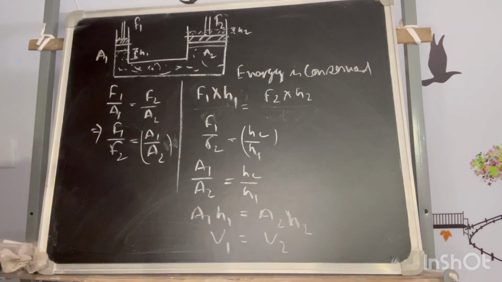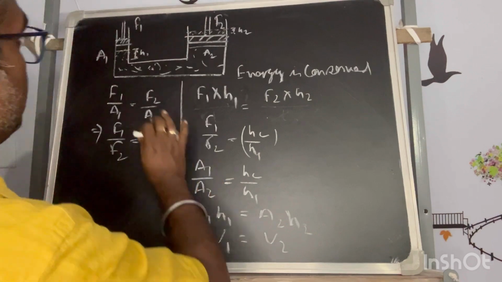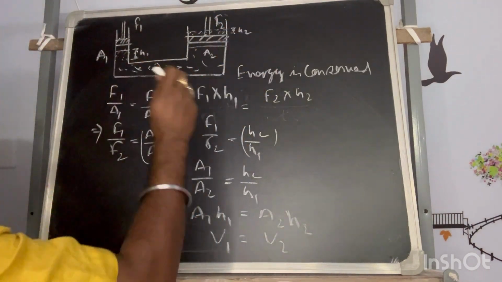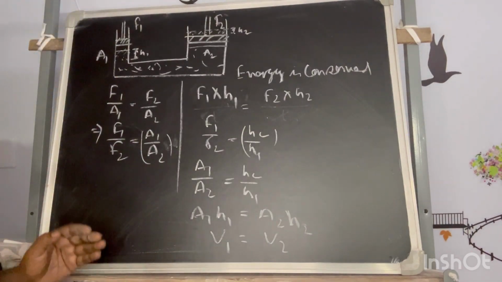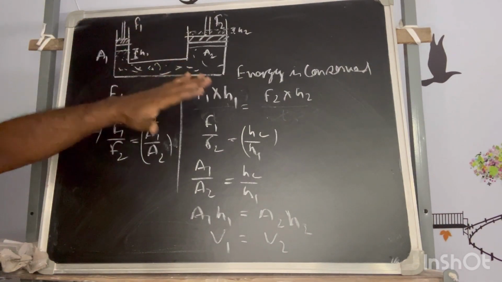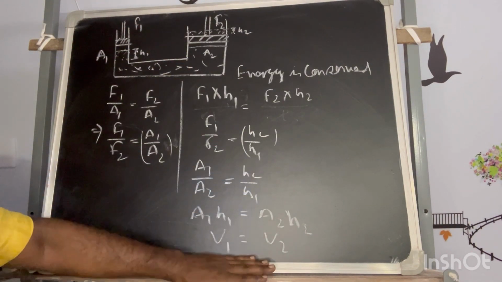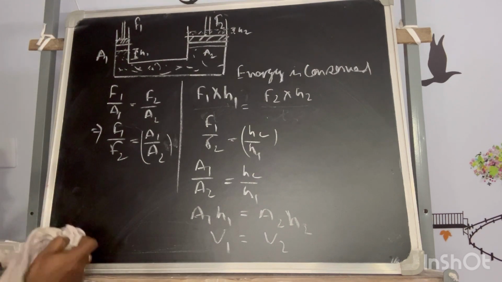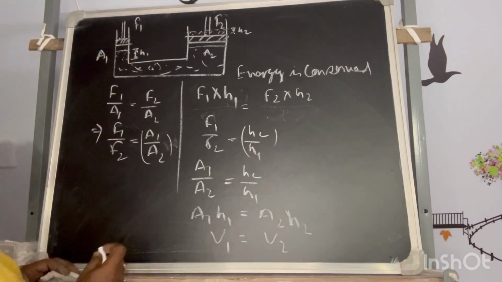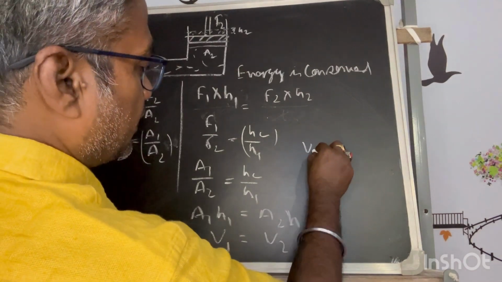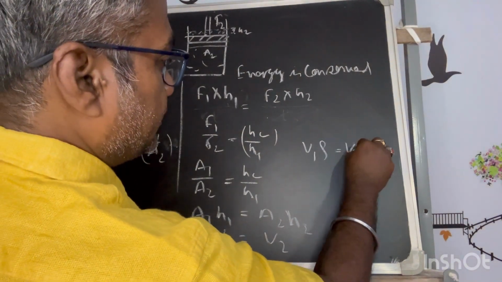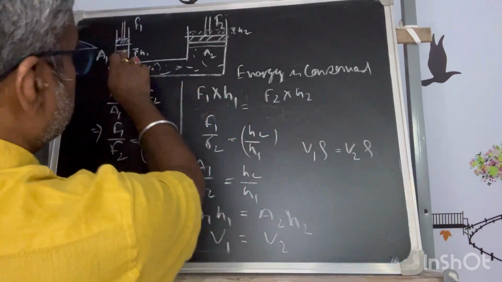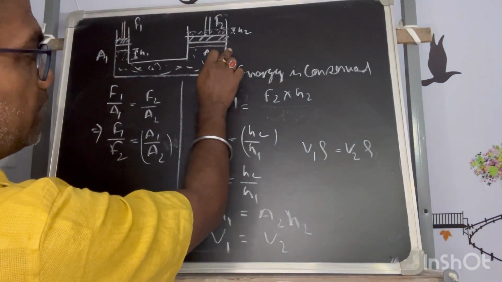Okay, so overall, in a hydraulic system or whatever applications you apply Pascal's law to, the volume flow rate will be the same. And the same volume flow rate can also be said to be the same mass flow rate, because the same fluid with the same rho is being transported.